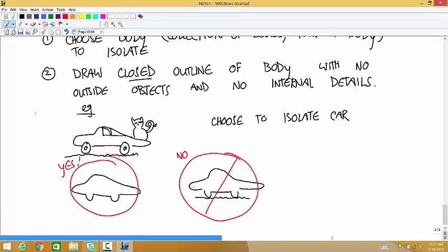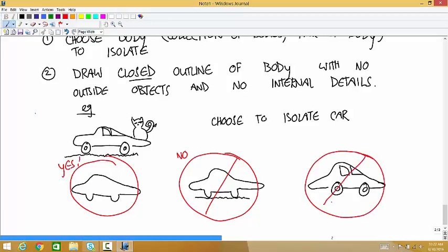What's wrong with that picture? Let's say it was closed. That was just sloppy. We're not isolating the grass, so that shouldn't be in there. That's a different car. That's the problem with this one. What's wrong with this one? Yeah, the internal details.